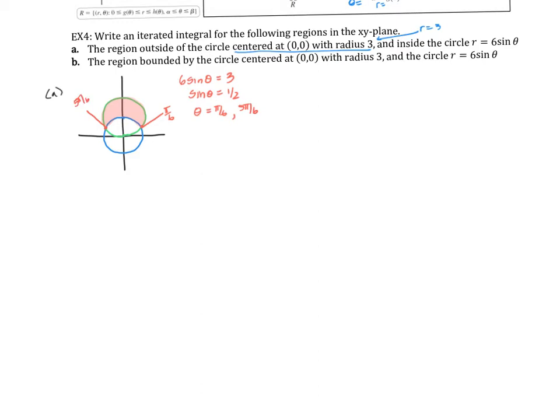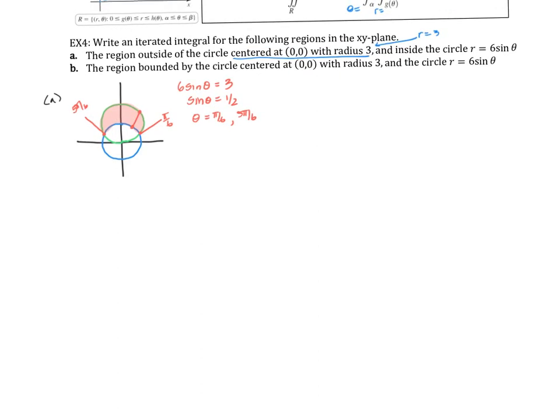I just have to figure out my r values. Remember that I'm looking at the distance between these two. If I pick any point here, the smallest r value is 3, and then it goes up to 6 sine theta, because this is 6 sine theta and this is r equal to 3.